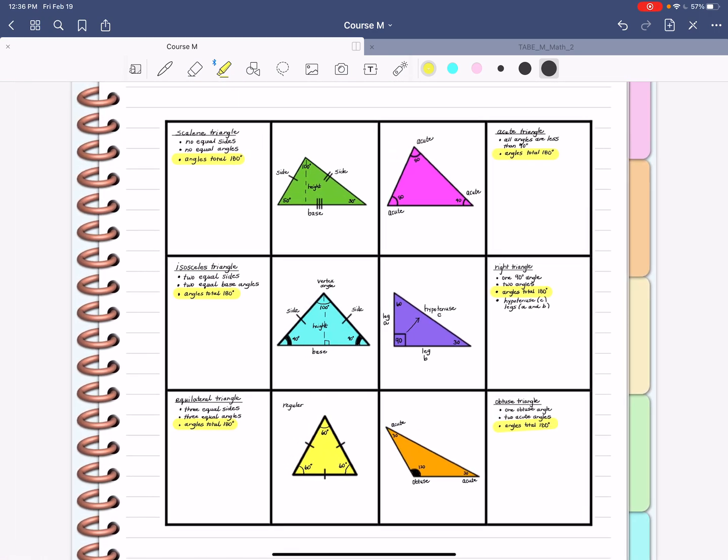So in the triangle DNA, there are three sides, three angles, and they total 180 degrees. So you have now met the triangle family in detail. Let's close up our doors.